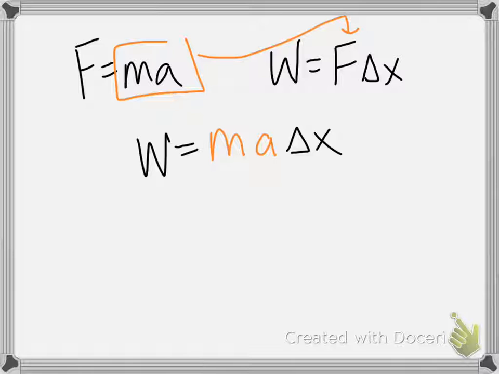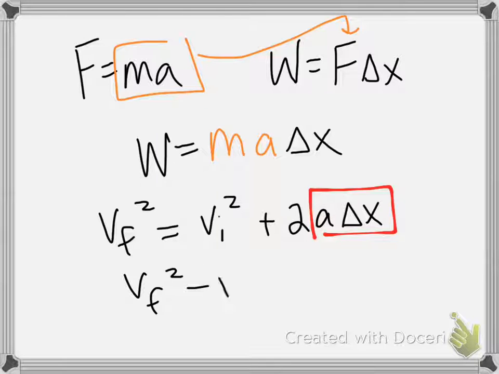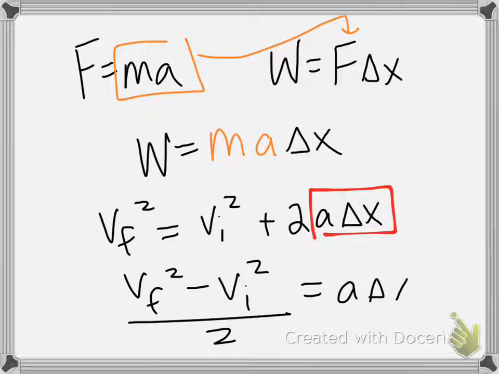Now we have Vf squared equals Vi squared plus 2a delta x. Yes. If we want to solve for a delta x, we can do Vf squared minus Vi squared divided by 2 equals a delta x.